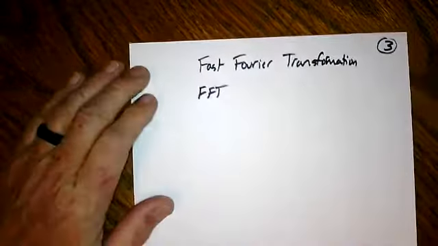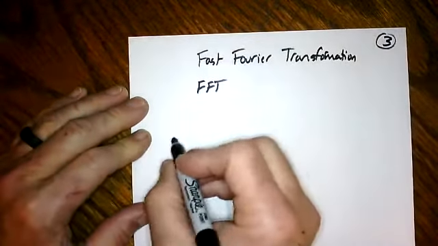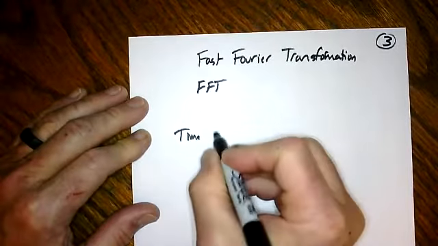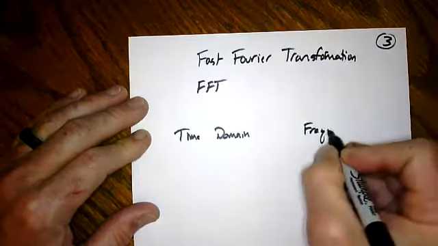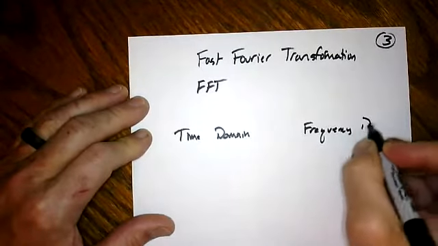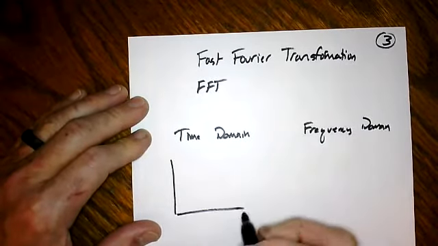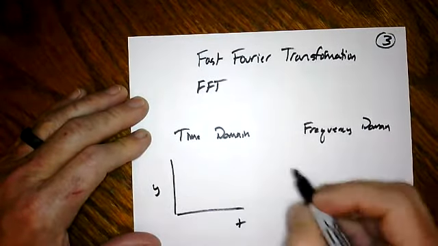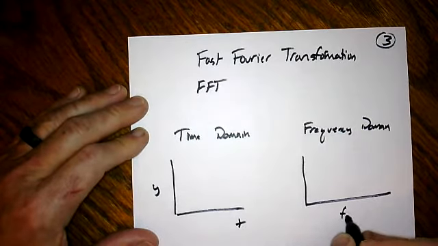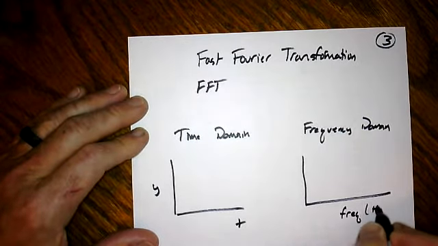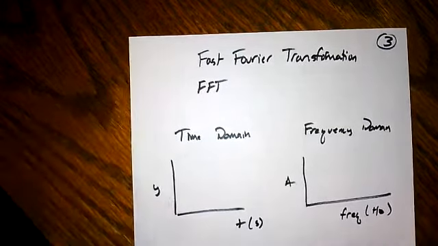What this theorem states is that time domain analysis and frequency domain analysis are interchangeable. I'll put Y over here, I'll put frequency here, emphasizing the hertz, and I'll put time here. I'm going to put A here.